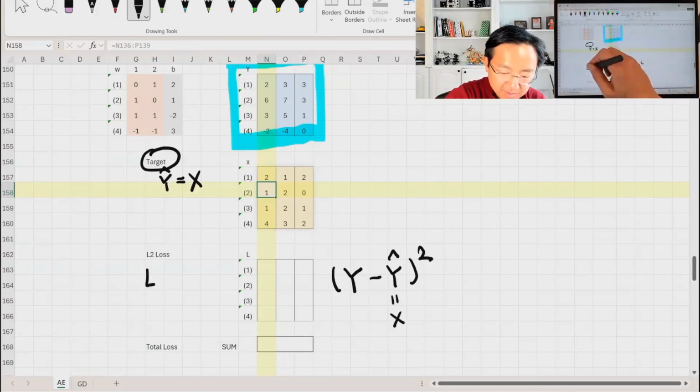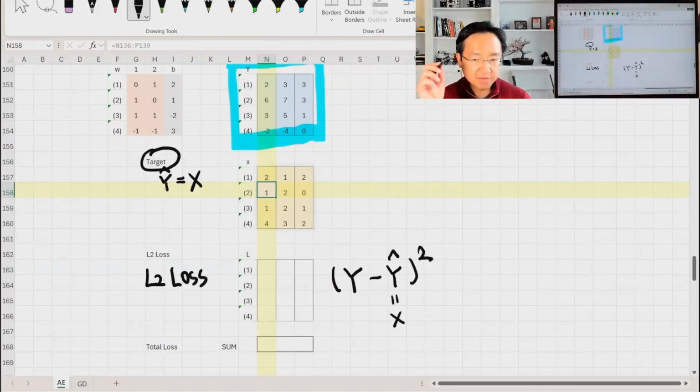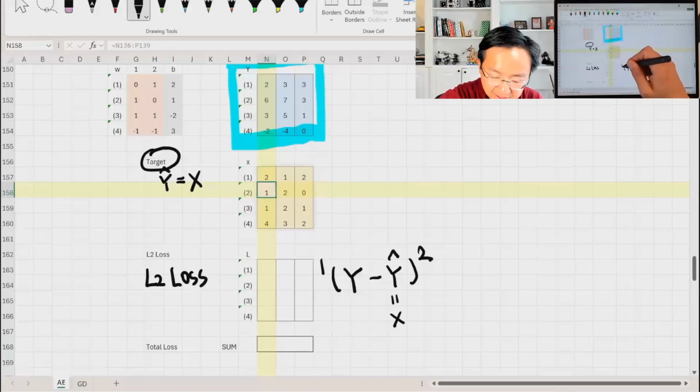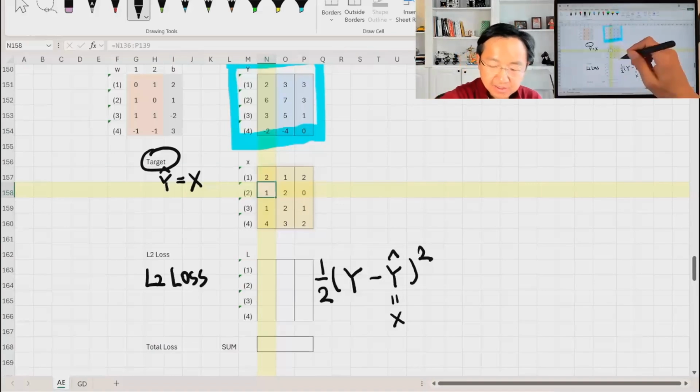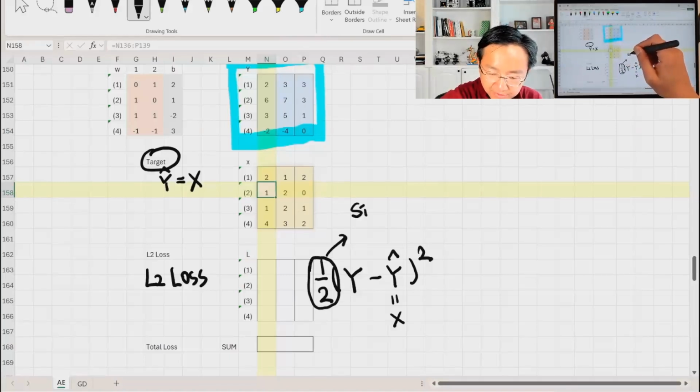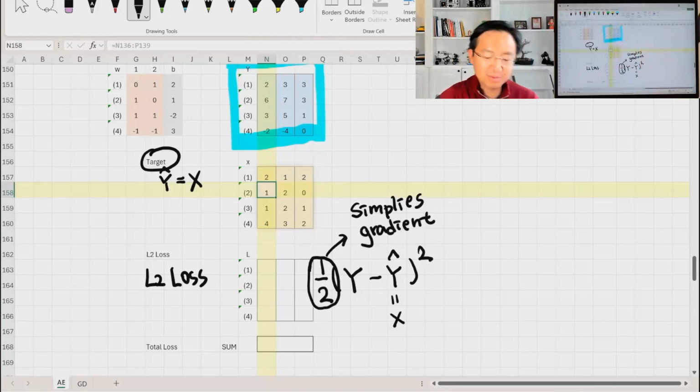Very often we add another scaling factor of a half to this definition. The reason will become very clear in the next section: adding this half simplifies the gradient calculation. You'll see in the next section very quickly, but just put it up there.